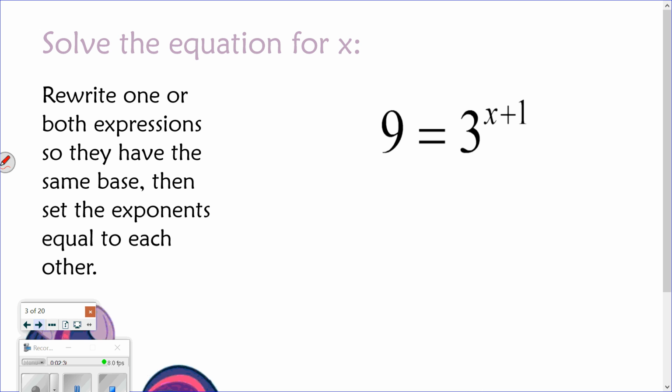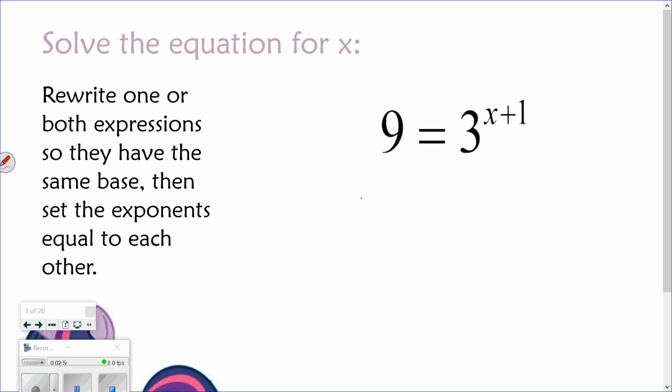So what about something like this? 9 equals 3 to the x plus 1. I do not set the 9 equal to x plus 1. Are the bases the same? No. How can I rewrite the 9?